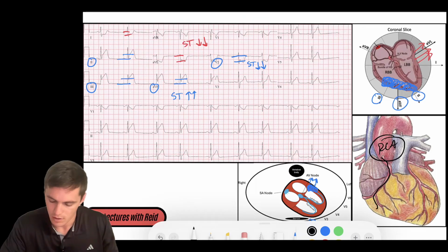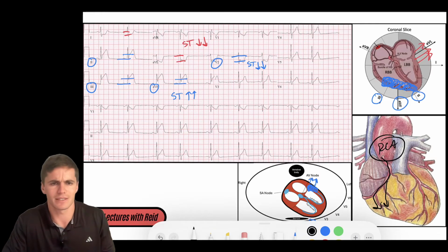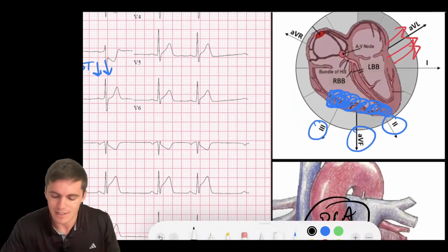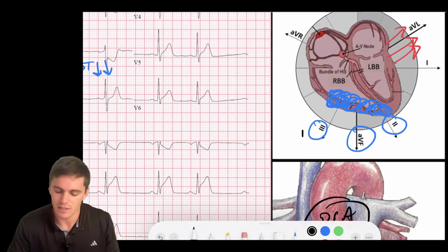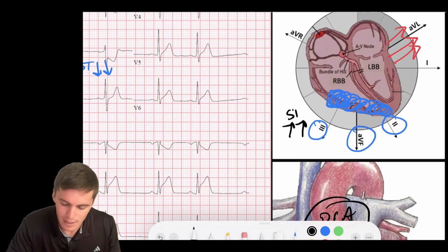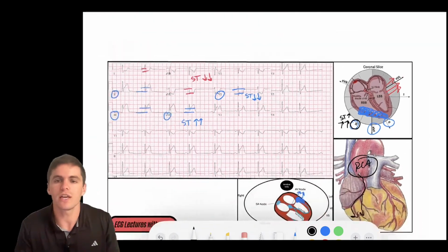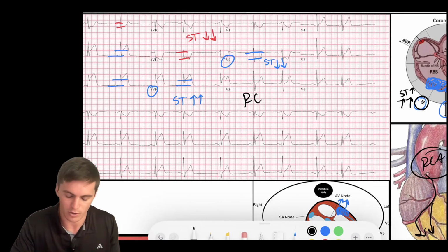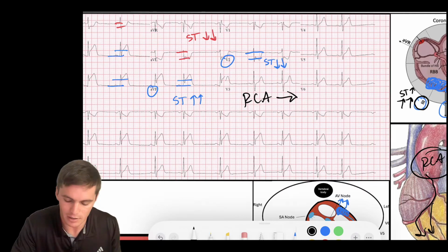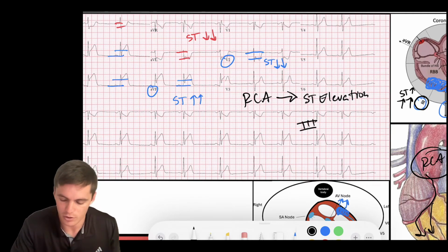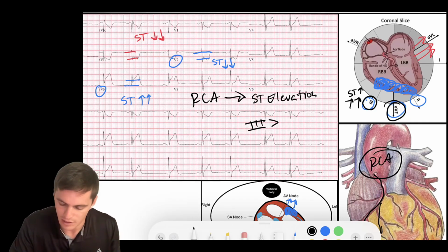The right coronary artery comes over to the right side and is very right-sided dominant, obviously, by its name. So when I look at the ST segment elevation in the inferior leads, I should see the most ST segment elevation in lead 3. So in RCA occlusion, this is a huge pearl, you should see ST elevation largest in lead 3, greater than, what's the next one in line?